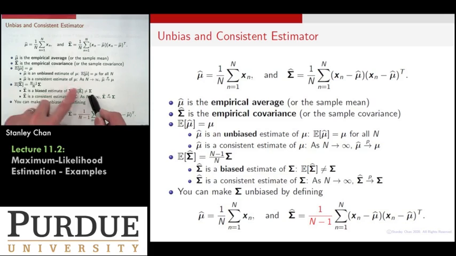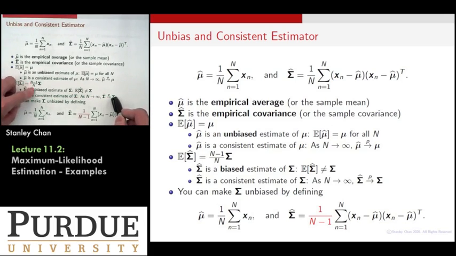To be unbiased, you want to make sure that the expectation of the estimator equals the true parameter. However, this covariance estimate is consistent because as n goes to infinity, sigma hat will converge to sigma. You just set n equal to infinity, then the ratio goes to 1. Now, you can make sigma hat unbiased by defining it with 1 over n minus 1.